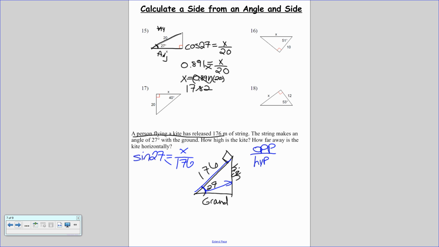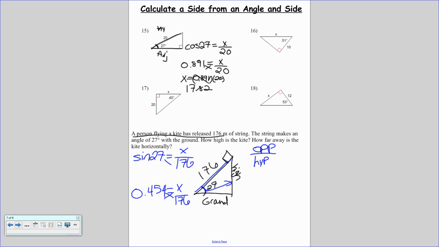Okay, so sine of 27 is equal to 0.45399, so I'm going to call it 0.454. Is equal to x over 176. Cross multiply.